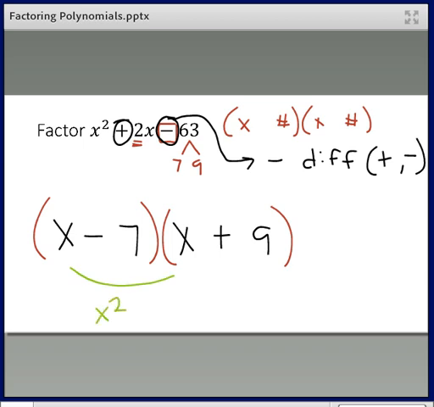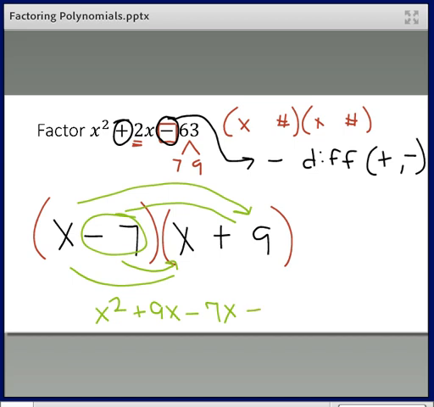So x times x is x squared. X times 9 is plus 9x. Negative 7 times x, negative 7x. And then negative 7 times positive 9 is negative 63. Those two factors do equal positive 2x, so I have the right factors.